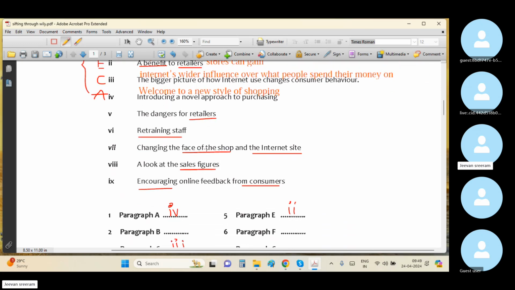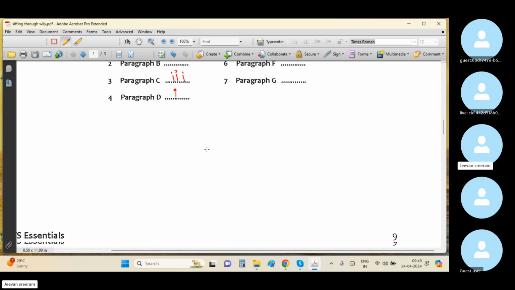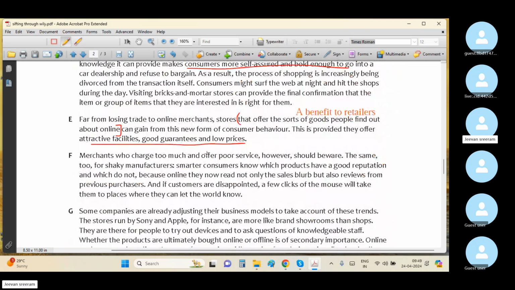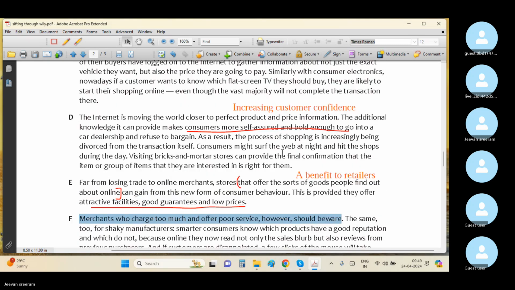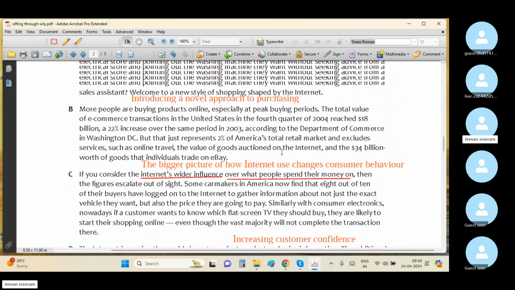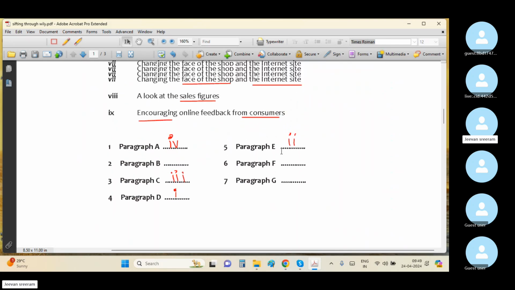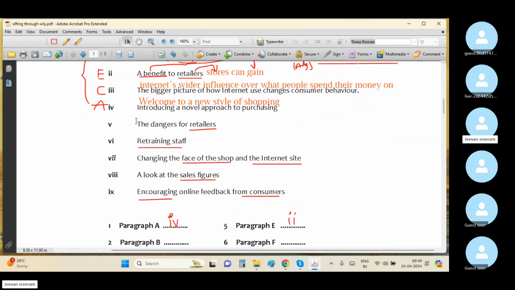The dangers for retailers. So the sellers must be in trouble. You can see, yeah, here we go. The sellers are going to be in trouble when they provide poor service and low quality goods. Copy this first.